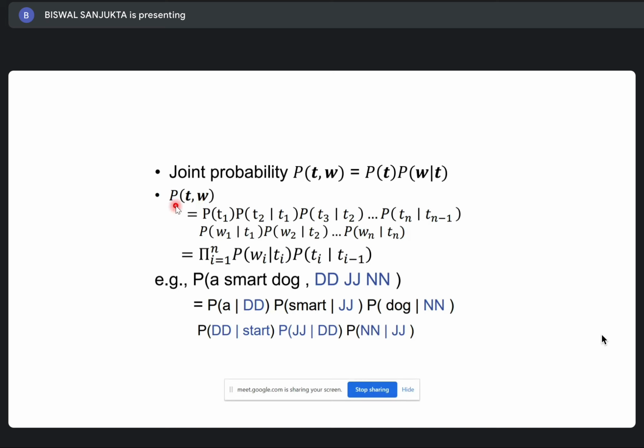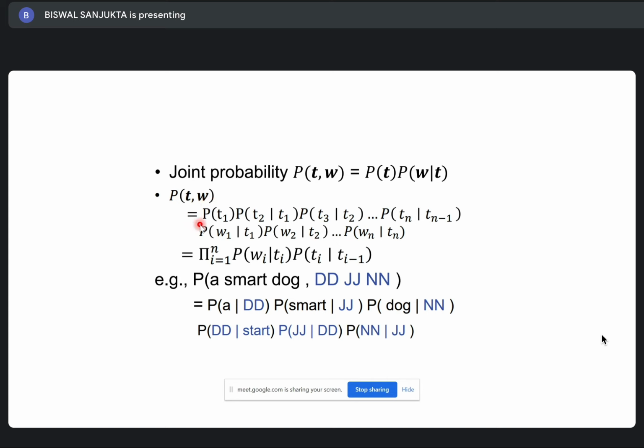So we are interested in finding the probability of one tag sequence composed of multiple tags, given a word sequence which consists of multiple words. Here we are dealing with two sequences, and we are trying to find the probability of tag given W. So how will we do that?